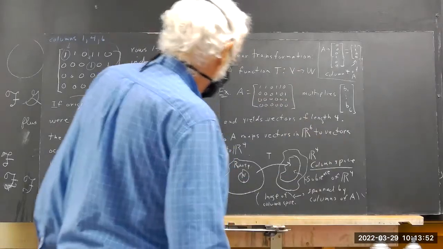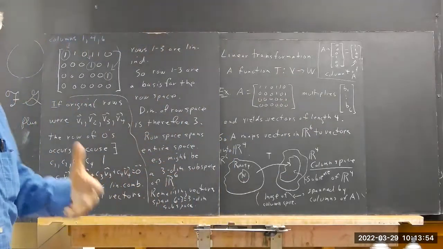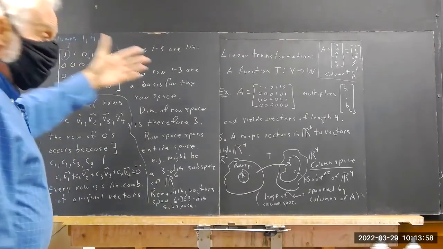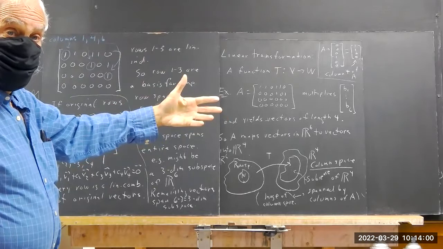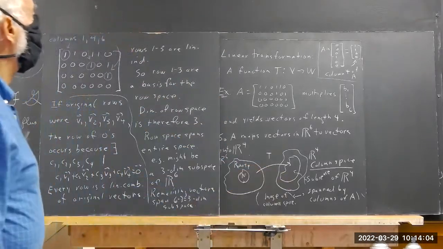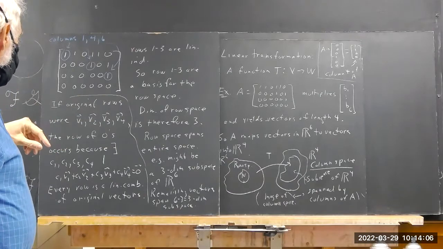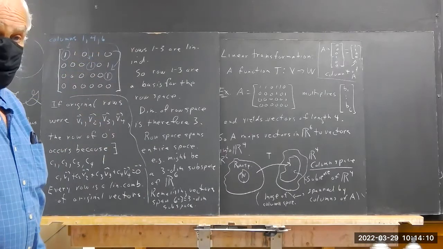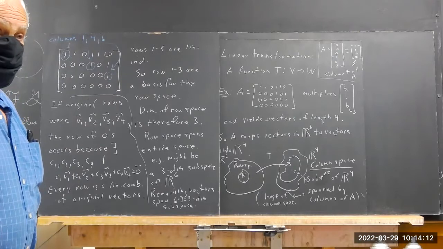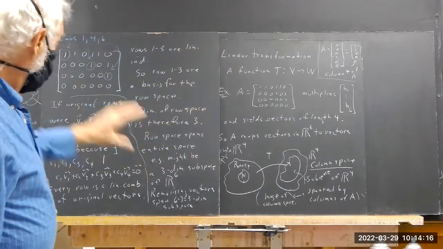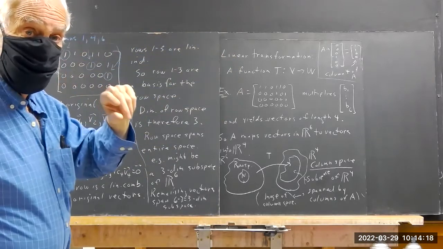Well, that proves that every column in the column space has to appear over here, because these 3 columns are a basis for the column space. Now, if I multiply by any other vector here, I'm just going to get some linear combination of these.